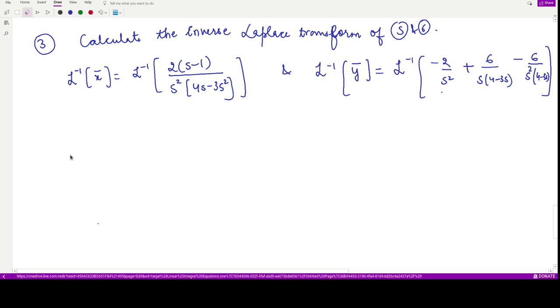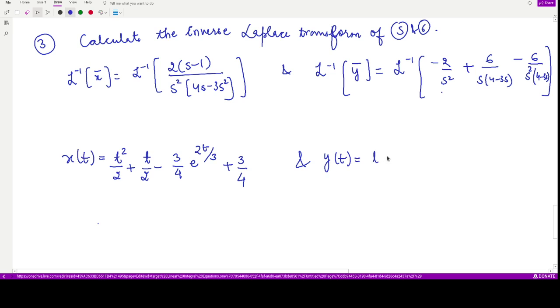So here the value would be x of t, that is equal to t square by 2 plus t by 2 minus 3 by 4 e to the power 2t by 3 plus 3 by 4, and the final answer corresponding to y of t, that is equal to t plus 3 by 2 minus 3 by 2 e to the power 2t by 3.